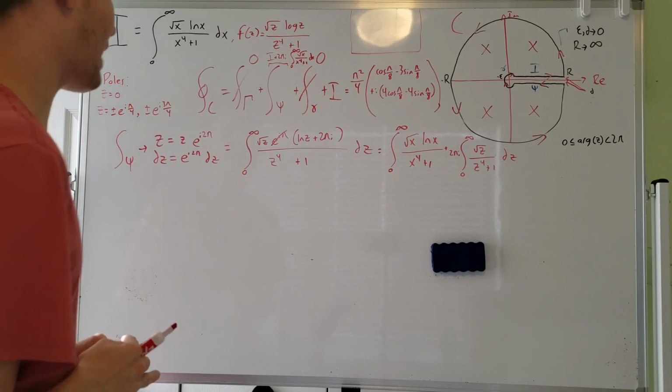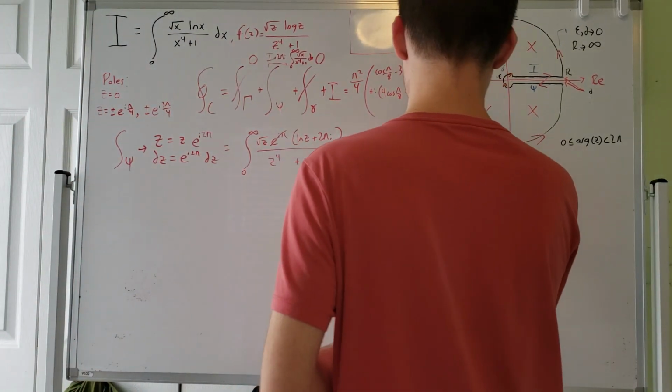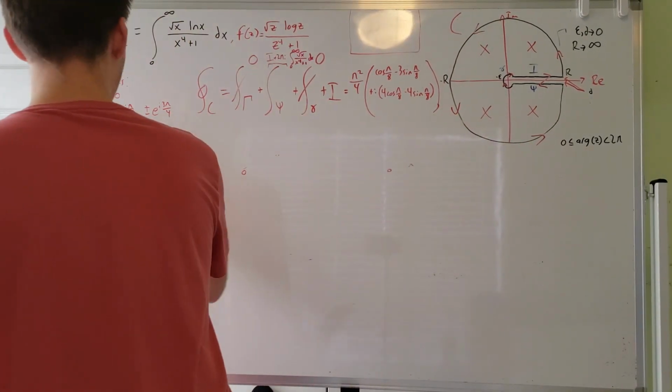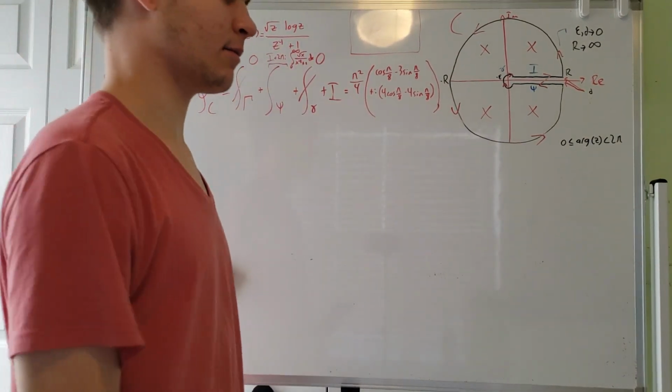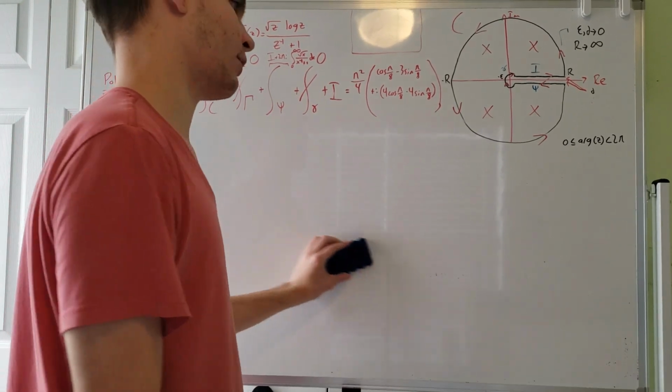So now we're pretty much almost done. You can use the trick where we compare real and imaginary parts on both sides because they must be equal, assuming we did everything right, which I did.